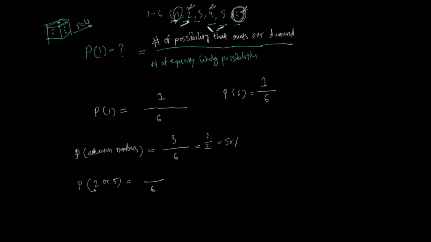That means we have 2 possibilities that meet our constraint. So 2 over 6, which simplifies to 1 over 3. That is 1 out of 3 chances that you roll a 2 or a 5 when you roll a 6-sided dice.